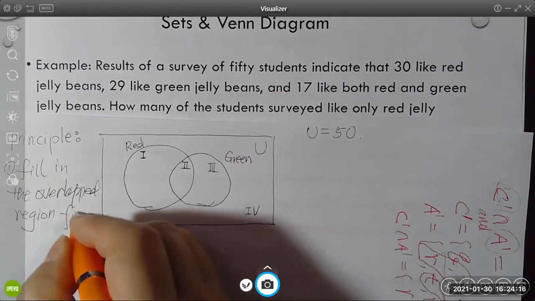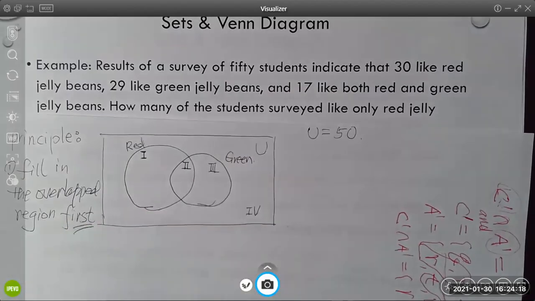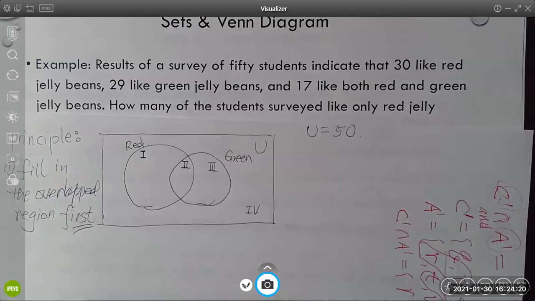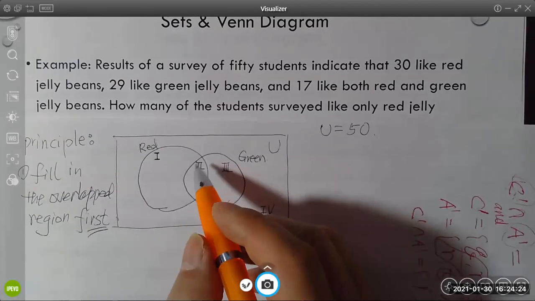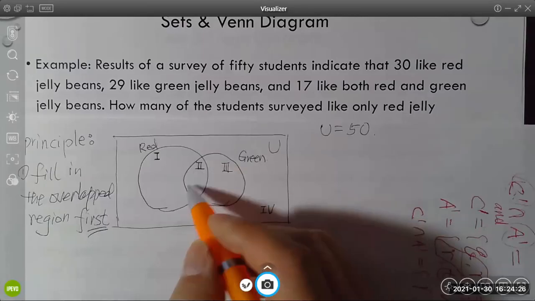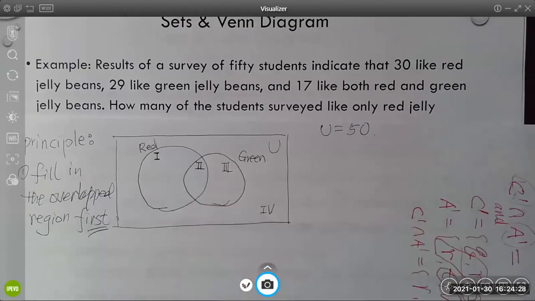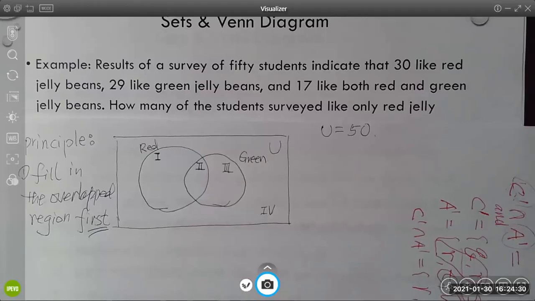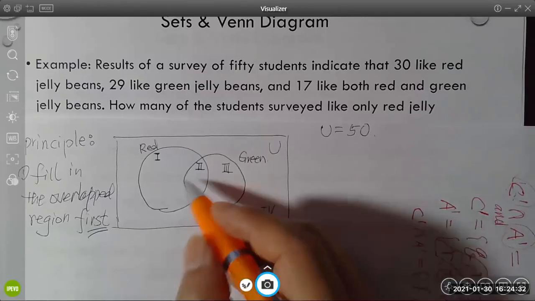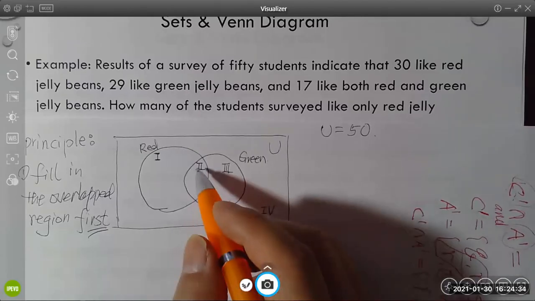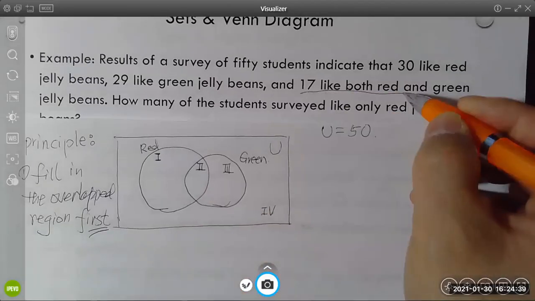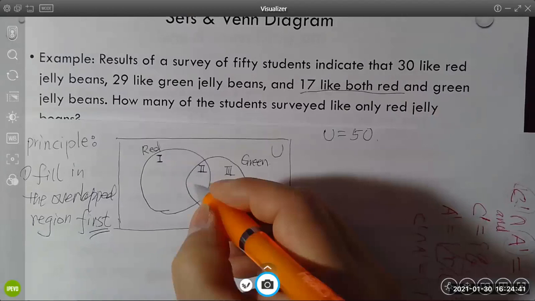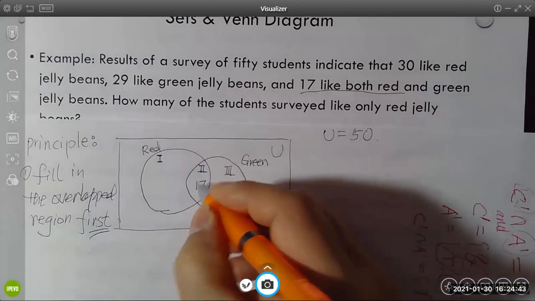This is the super important part. You always label the overlap region first. So for 2 circles, we only have this. This one is the most overlapped. If you have 3 circles, always label the most overlapped first. So in this case, we want to know how many people like both, right? So we read it, 17. 17 like both. So the second area has 17 students.